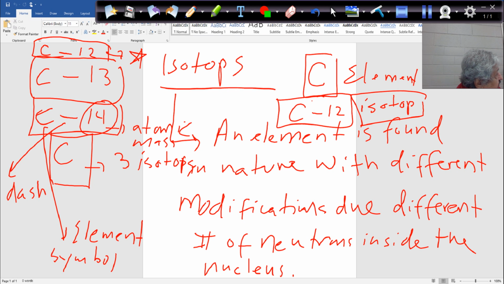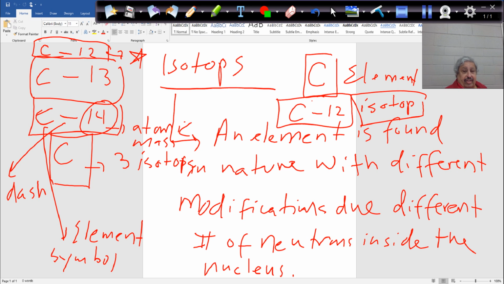But for the other elements, radioactivity, you can force them to have isotopes. In general, elements do have different modifications in nature or in the lab, so you can produce those isotopes in the lab as well. So carbon has 3: carbon 12, carbon 13, carbon 14.